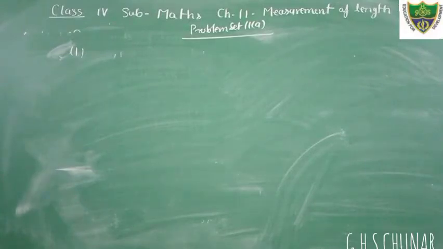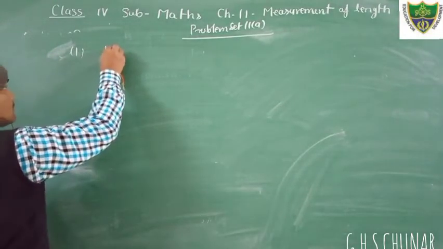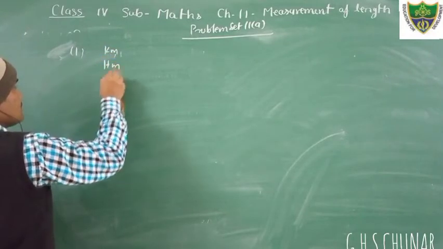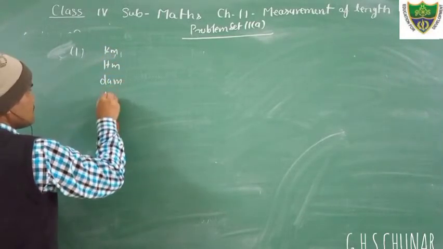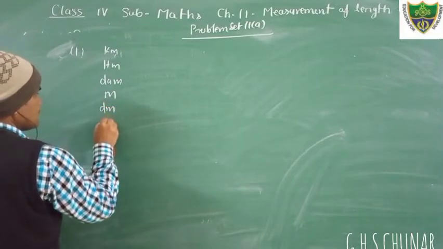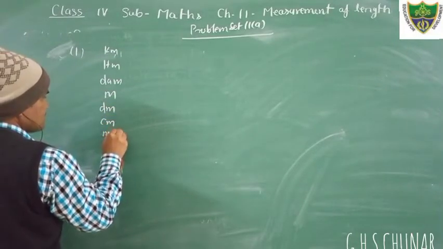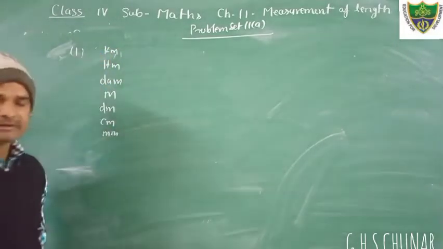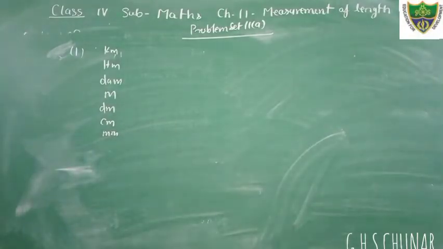You can write it. The meter is the standard unit. After that, there will be kilometer, hectometer, decameter, meter, decimeter, centimeter and millimeter. These 7 units are the measurements for the length in the metric system.